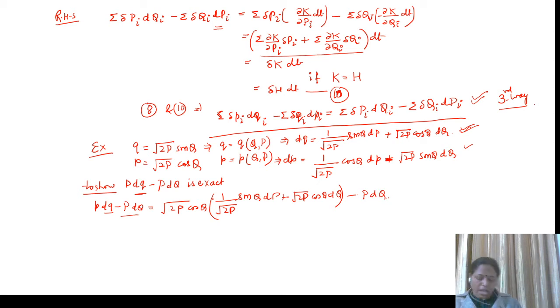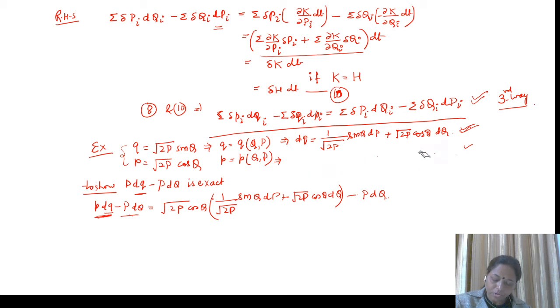It is our choice. Either we substitute in the first term and put the second term as such, or we put in the second term and put the first term as such. Suppose I am putting in the second term. Then in that case, I have to change these equations in such a way that I get capital P in terms of small q and p. I get capital Q in terms of small p and q, and then only I can do that. So I have chosen this part, and for this part I need dq, so I have found the dq from here. So in fact this dp is not required.